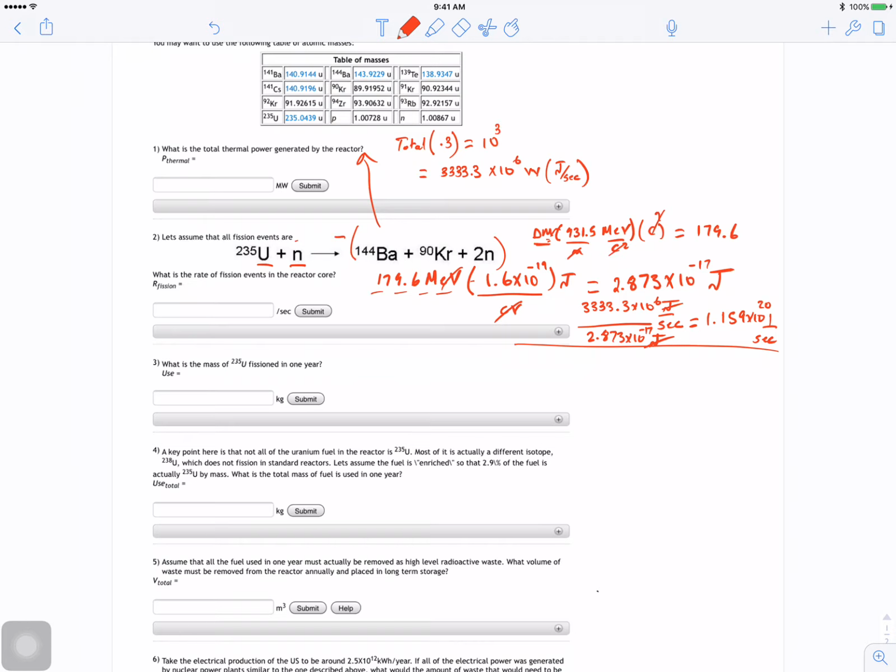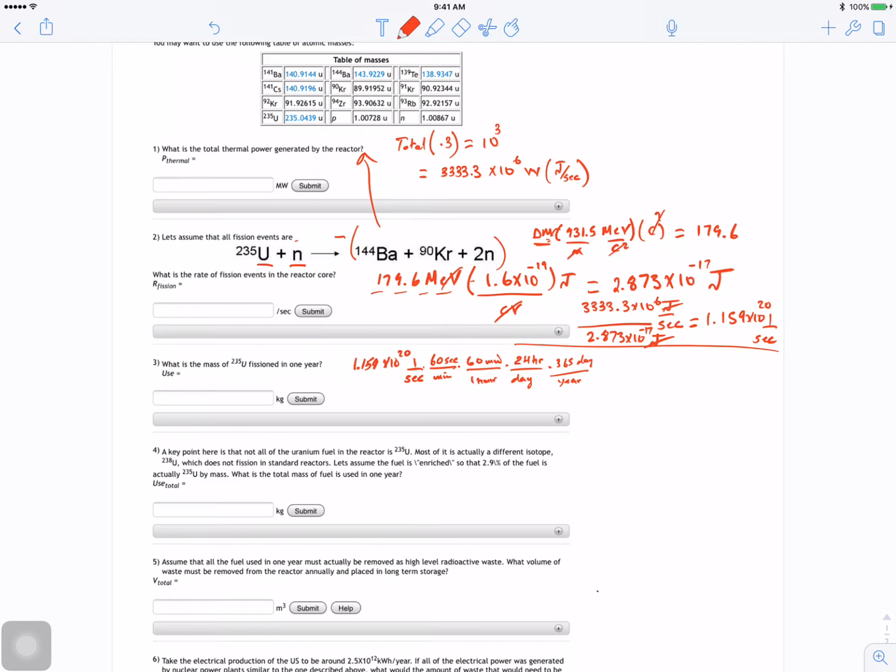The answer we got, 1.159 times 10 to the 20 per second, we multiply by 60 seconds per minute, 60 minutes per hour, 24 hours per day, and 365 days per year.